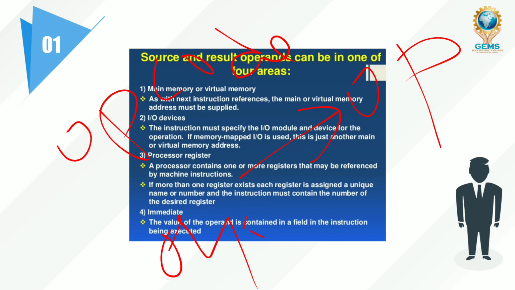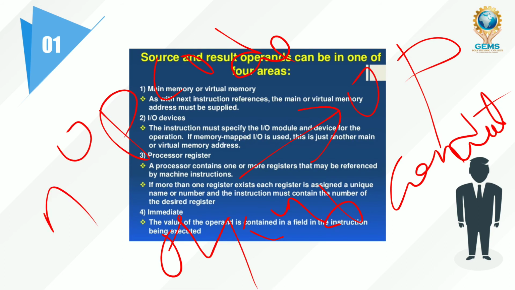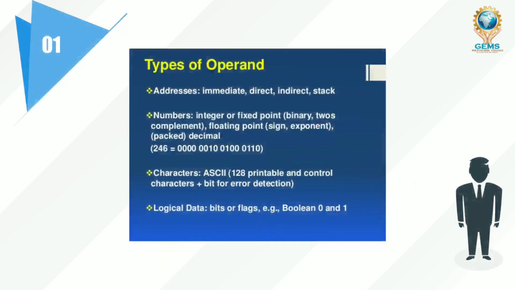Operand talks about the content or data of the computer. Address talks about the availability or location of data. Now you come to know what the operand is, what the opcode is, what the address mode is, and what the mode is.